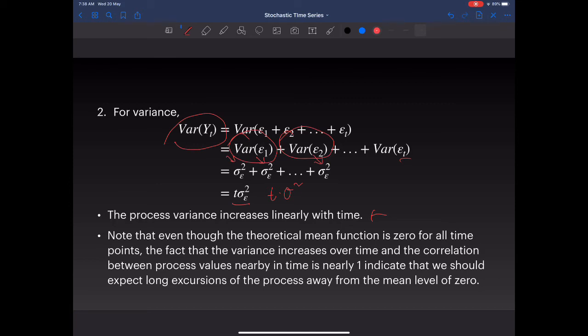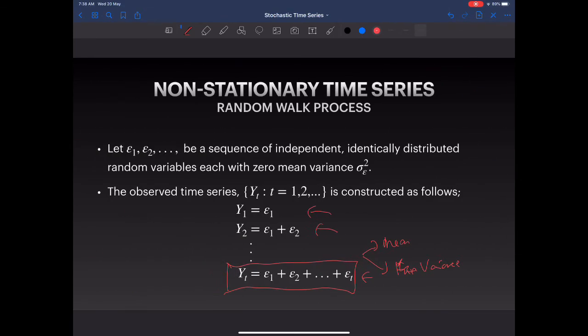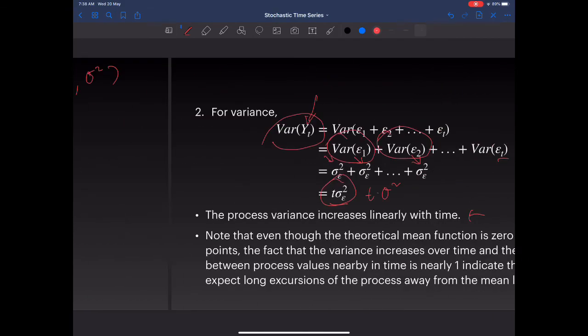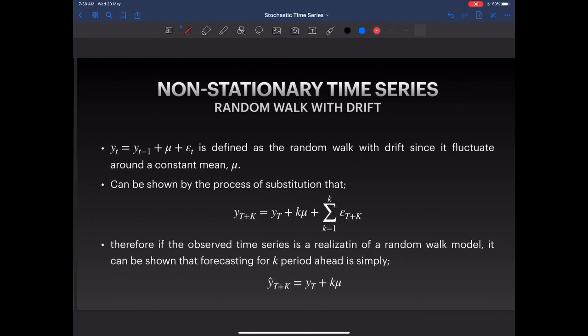It means that because of this variance that increases linearly with time, it will affect the mean level of our yt. So this is what we call a random walk.